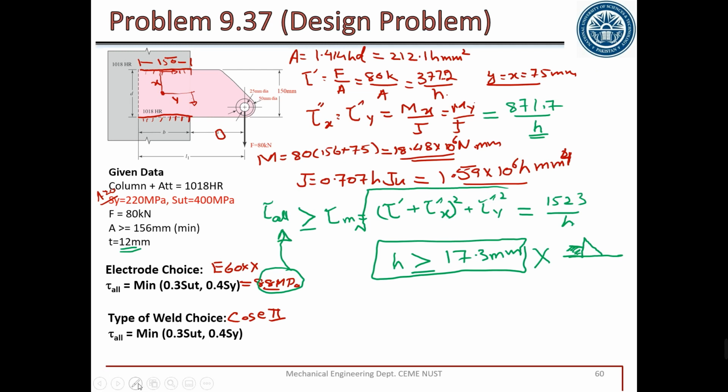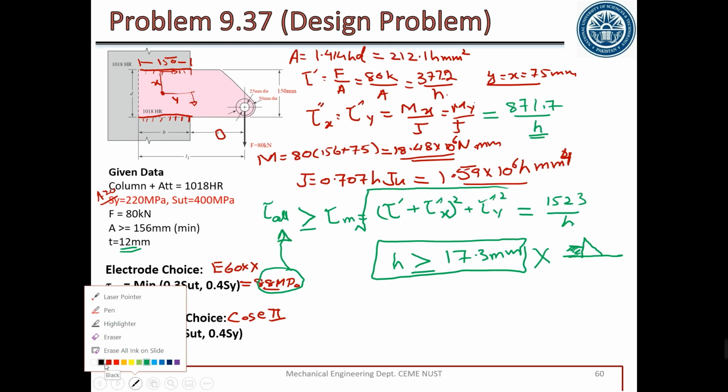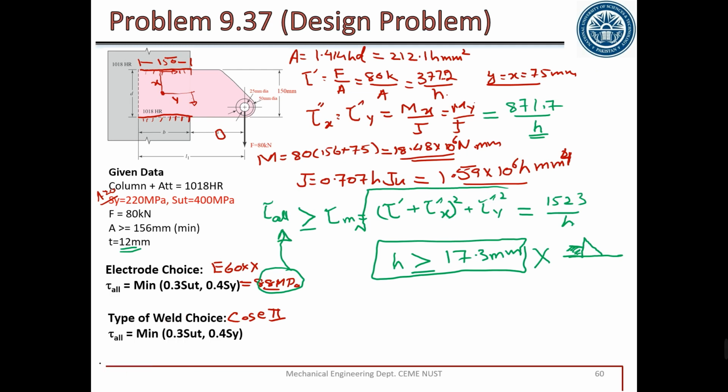The type of electrode is the same. Instead of case 2, we will be using case 5. I'm just changing the values.